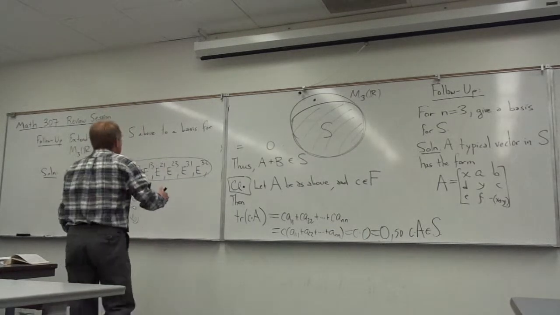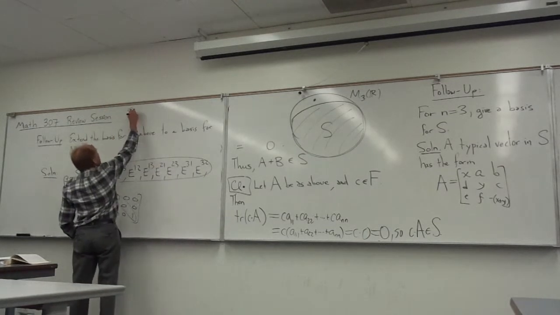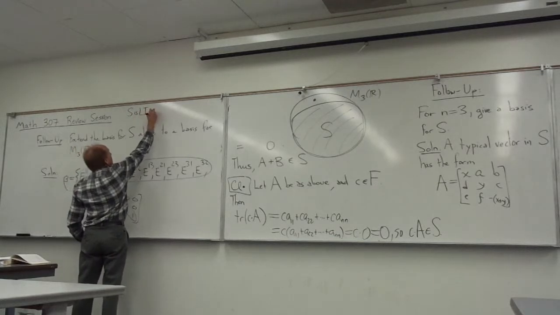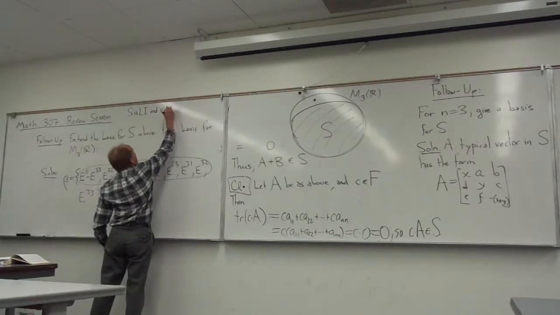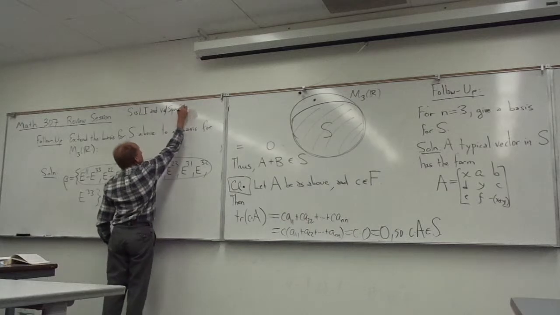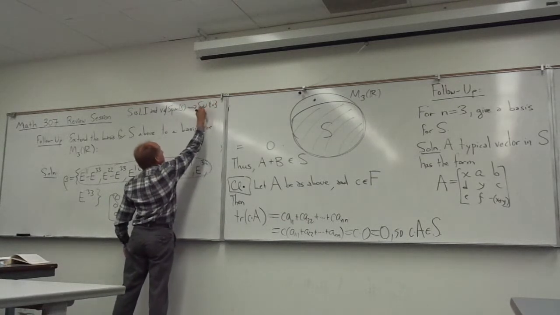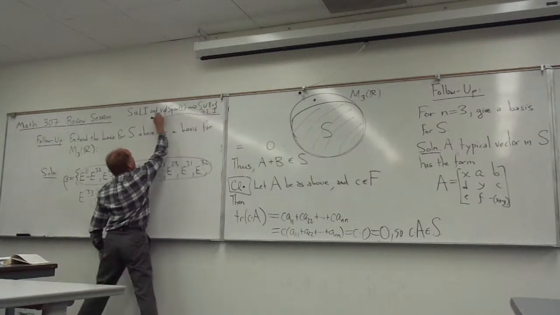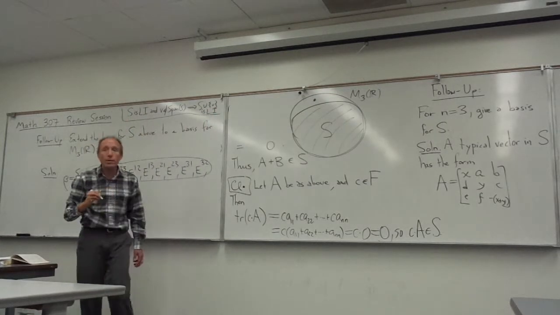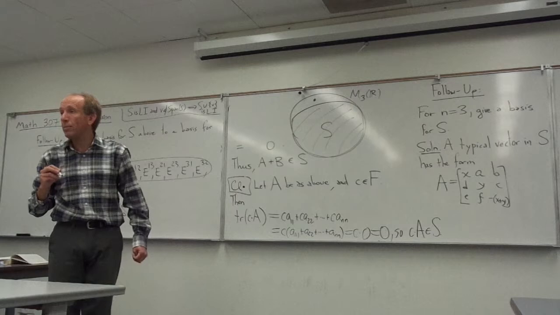You guys remember our theorem that if S is linearly independent and v is not in the span of S, then S union v is still linearly independent. This was theorem 1.7. That's what I did the first week I was here. We proved that theorem.